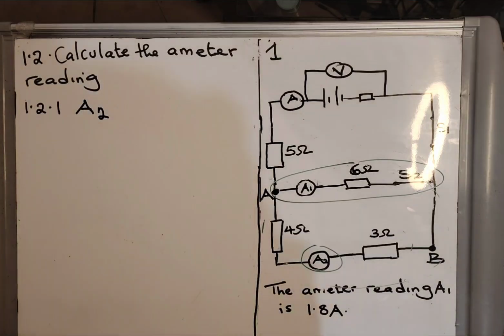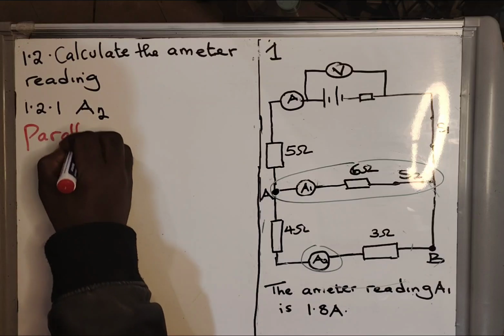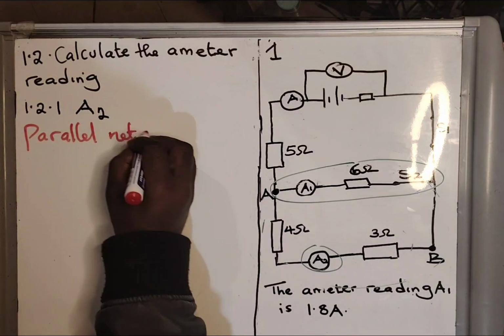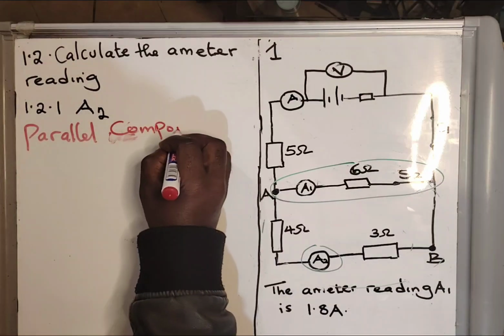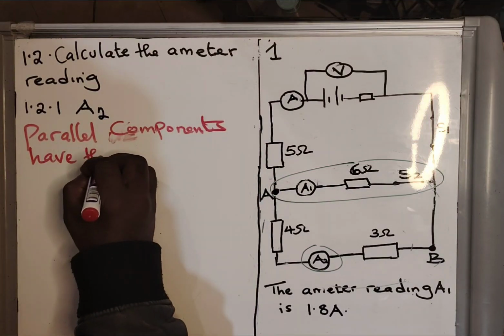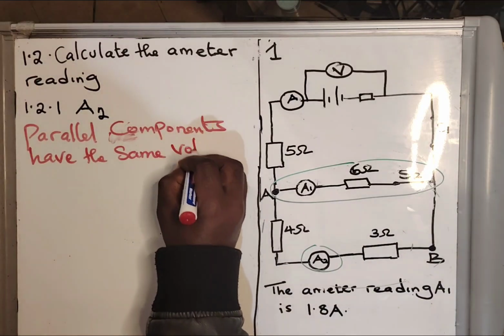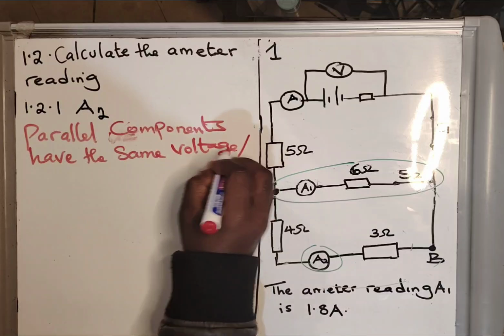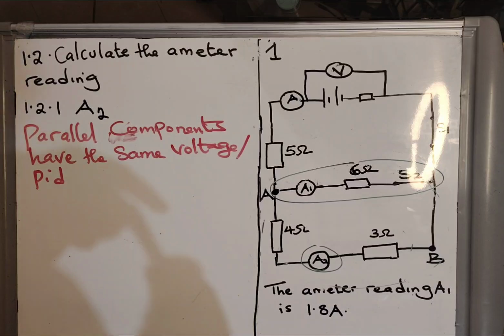It says that parallel networks or parallel components have the same voltage, the same potential difference. So in other words, these two arms of the parallel connection, this side and this side, they have the same voltage.